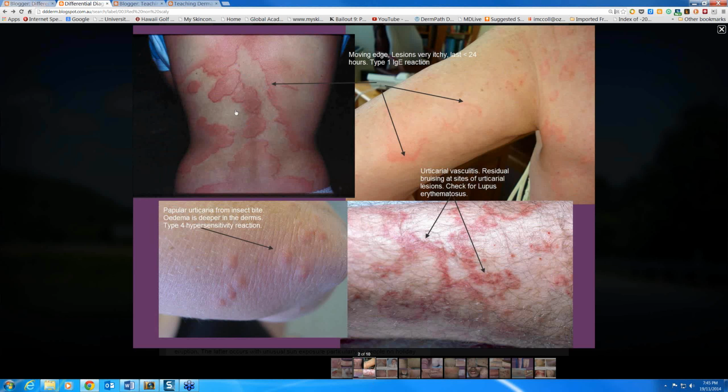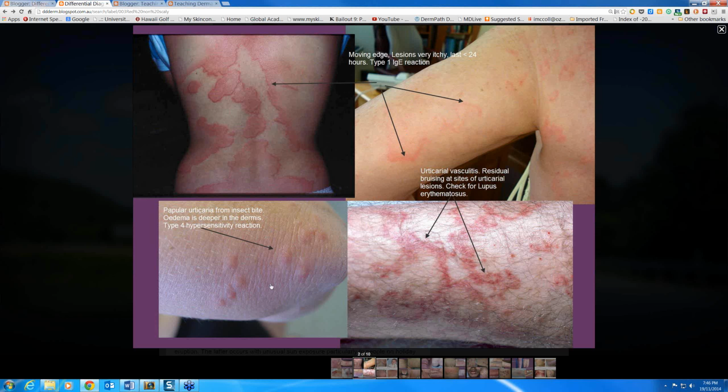Let's have a look at this image here. So red, non-scaly, often annular, can have figurate patterns like this, usually at a moving edge, and always lasts less than 24 hours. If you've got a rash that's lasting more than 24 hours, it's not urticaria. Often some areas will clear and it'll leave these figurate edges as well.